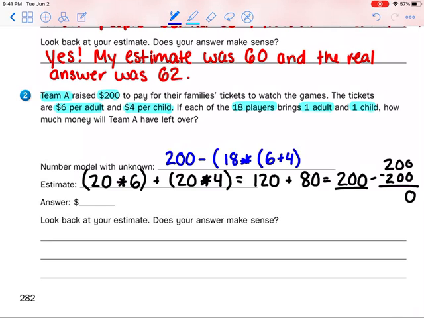That's where I'm getting that 6 and 4. So I'm saying that I'm going to take 18 players and I'm going to multiply if each of them bought an adult ticket and then each of them also bought a child ticket. So it would be 18 times 6 and 18 times 4 equals T, the cost of the tickets.